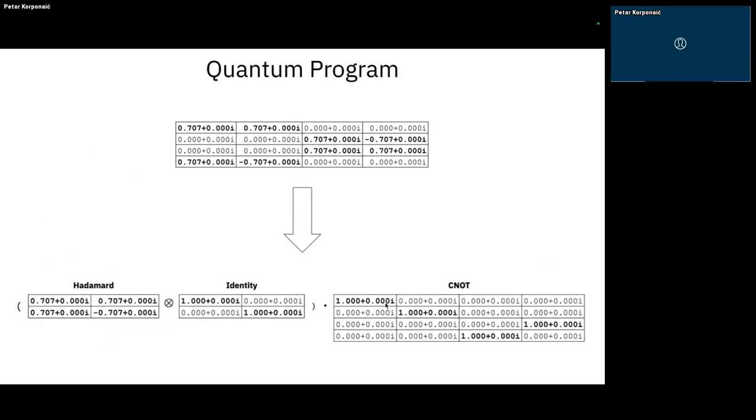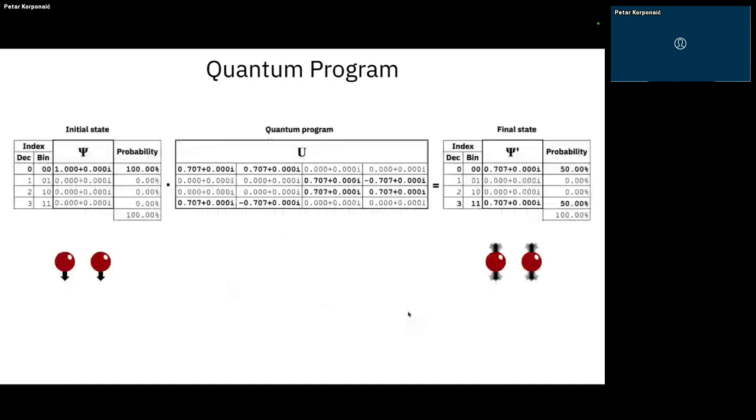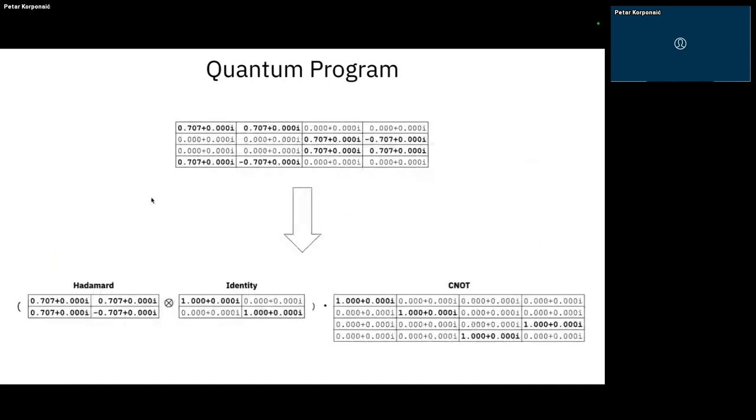So in quantum computing, we have names for matrices, and this symbol here is a tensor product. So by multiplying 2 by 2 matrix with other 2 by 2 matrix, we actually get a 4 by 4 matrix, which is then dot multiplied with this 4 by 4, because our vector is four element vector, so we need a matrix 4 by 4.